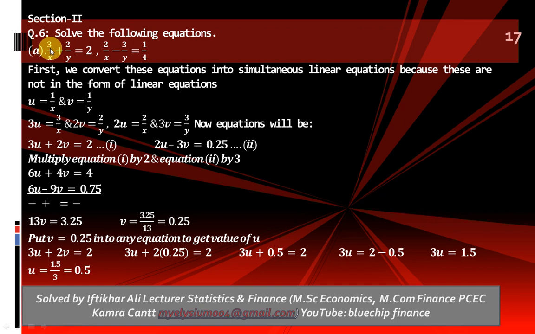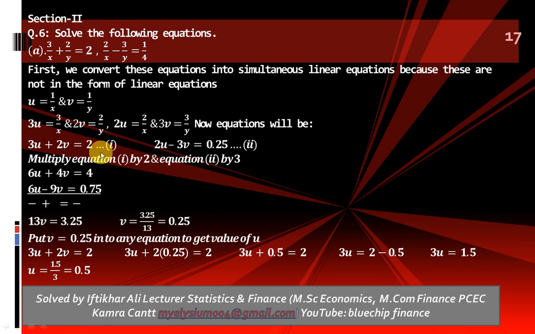So if 1 by x is u, this should be equal to 3u. If 1 by y is equal to v, then it should be equal to 2v. Similarly, this should be equal to 2u, and this should be equal to 3v, equal to 1 by 4 or 0.25.